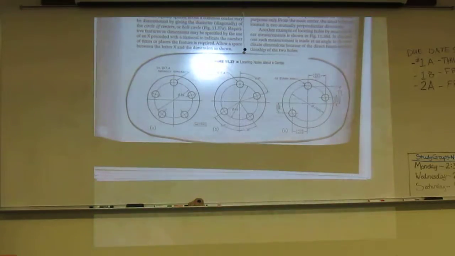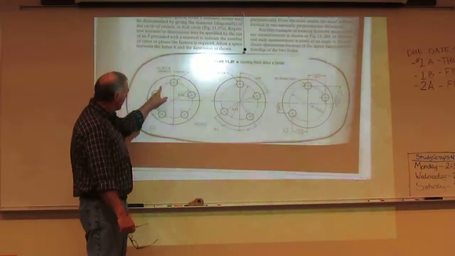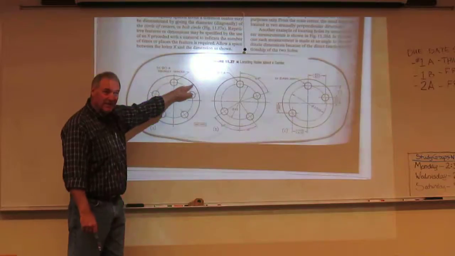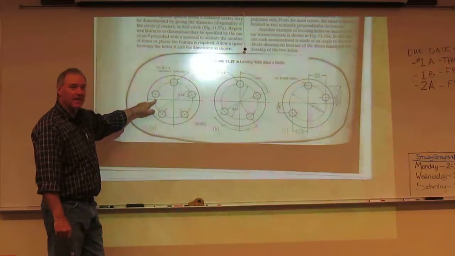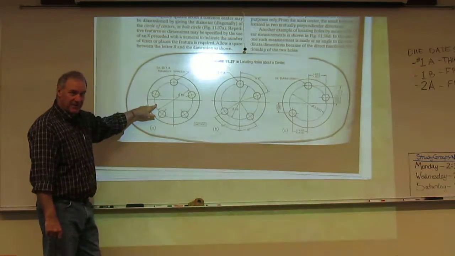So here's a bunch of negative cylinders about a center. So we've got our little circular center line here. That is a location circle.